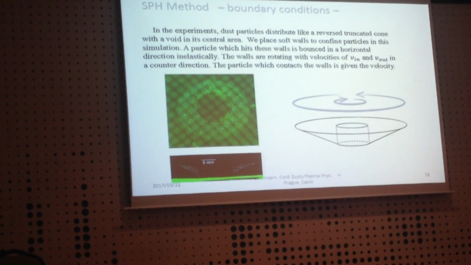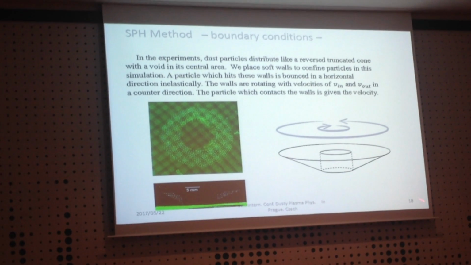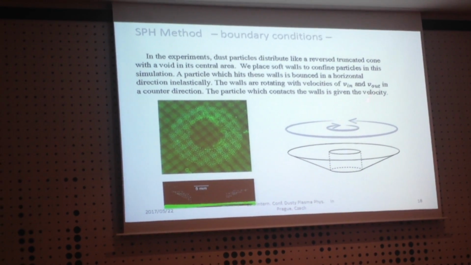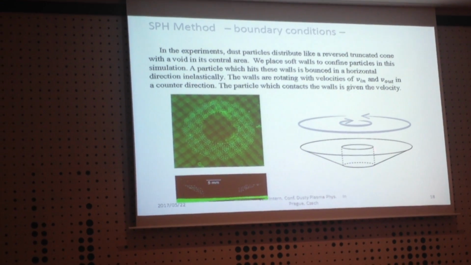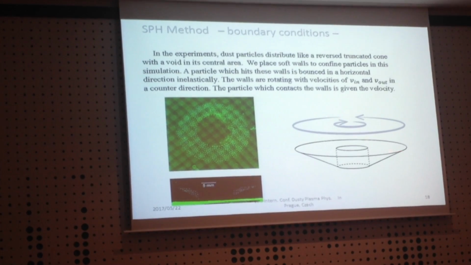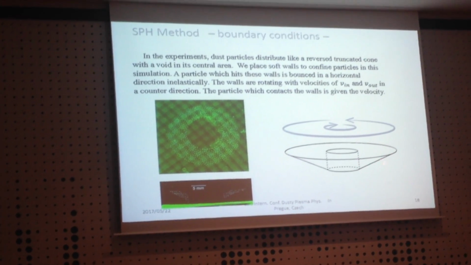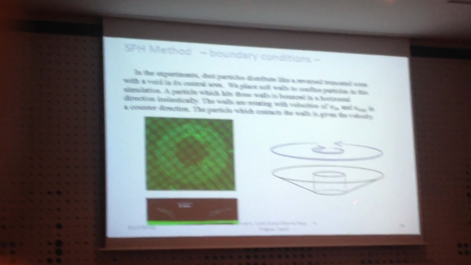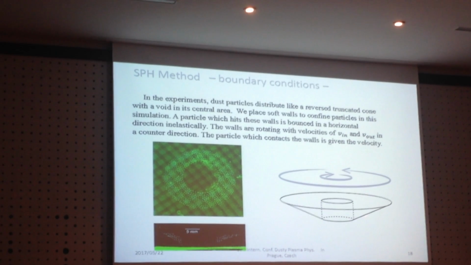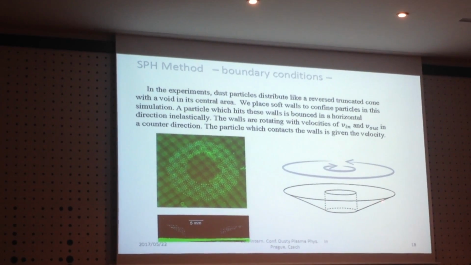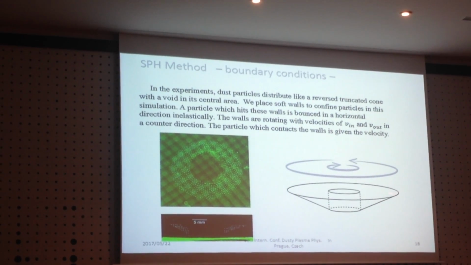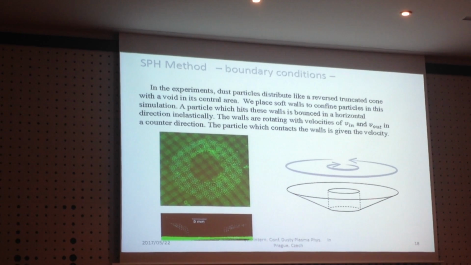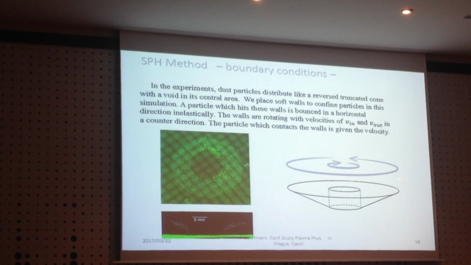Soft wall means the wall has an inelastic coefficient, and the dust particle hits the wall and is reflected in the same horizontal plane in the reverse direction. At the same time, the particle hitting the soft wall gains the velocity of the wall and rotates in the azimuthal direction.